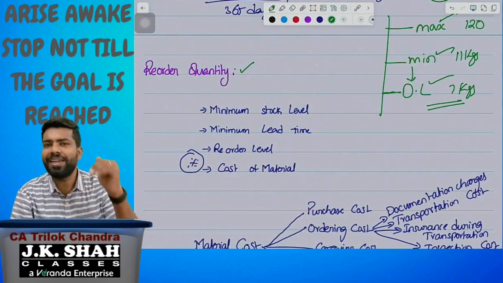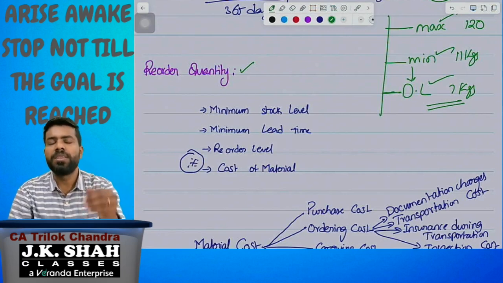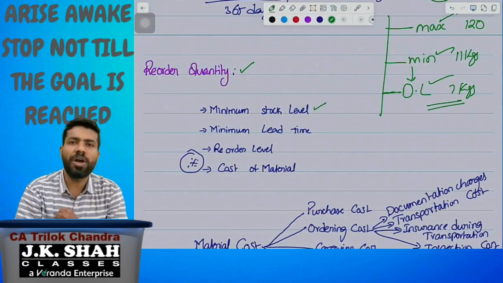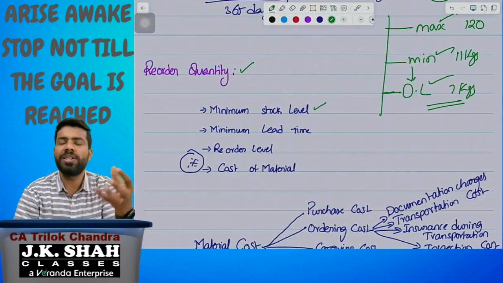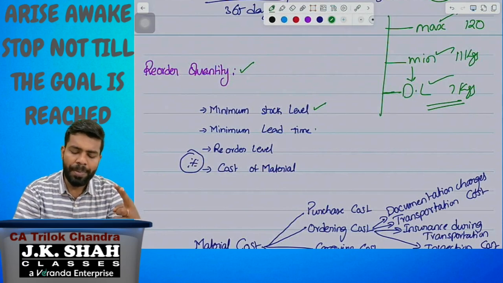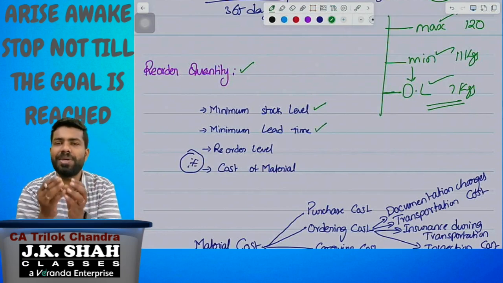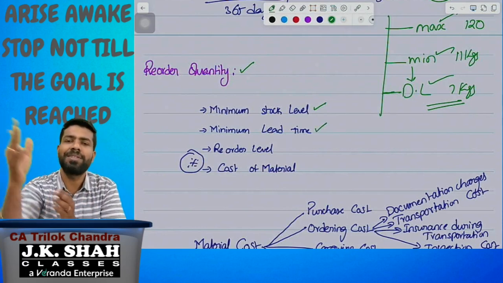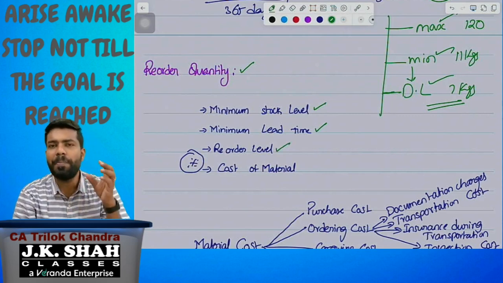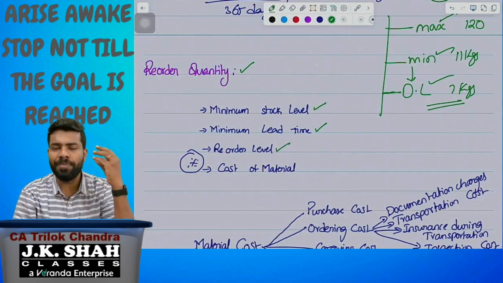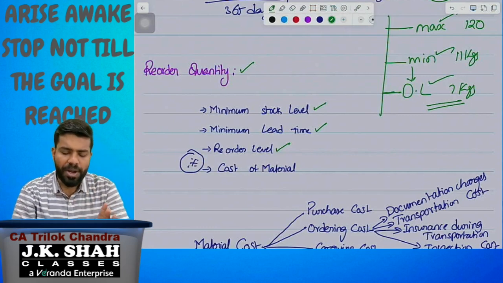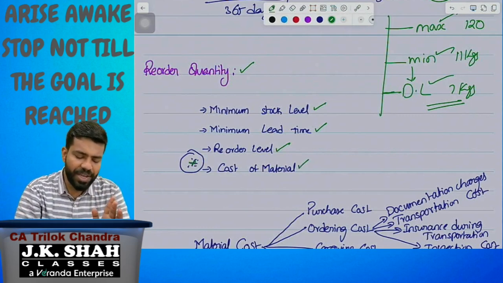When we are deciding the reorder quantity, the points that we need to consider are: number 1, the minimum stock level, what is the stock that needs to be maintained as a minimum stock; number 2, minimum lead time, that is the minimum lead time taken by the supplier; number 3, reorder level. These are the points that we need to keep in mind when we are deciding the reorder quantity.